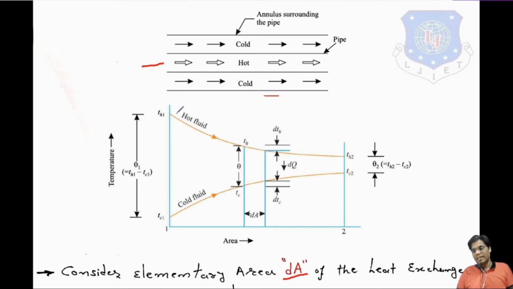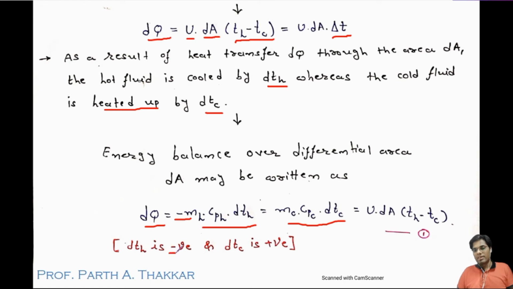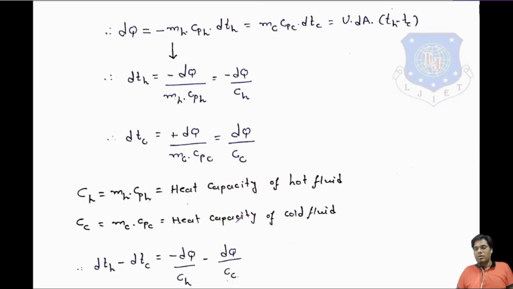So there is a temperature decrease in the hot fluid, which we mention by the negative sign. Now again we write the equation dq equals minus mH CpH dTH equals mC CpC dTC, and we also have the equation dq equals U dA (TH minus TC).